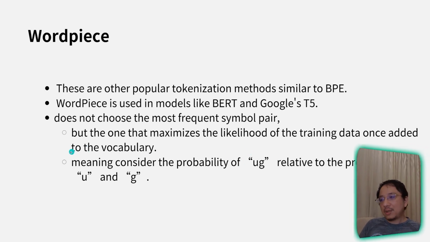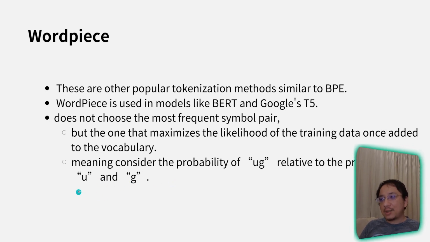However, whenever U appears, it is followed by G, and whenever G appears, it comes after the letter U. If that is the case, that U and G never appear separately, it definitely makes sense to combine U and G together to become a new element, or in our terminology, a new token in the dictionary. And maybe we should discard U and G.